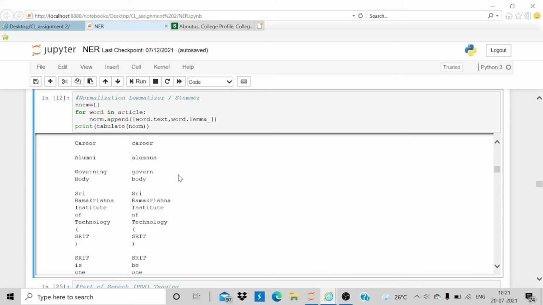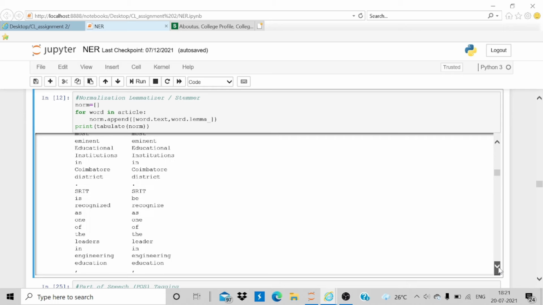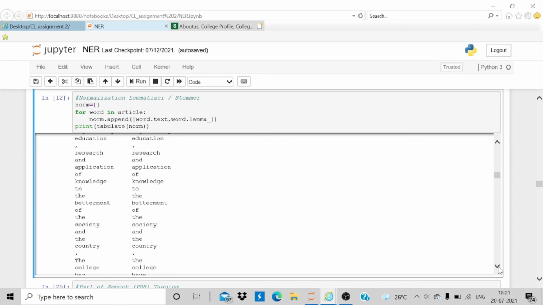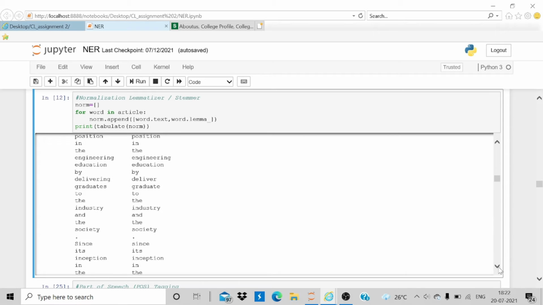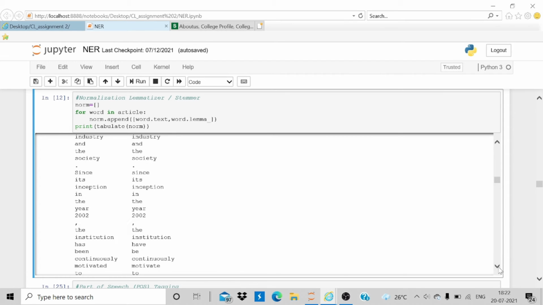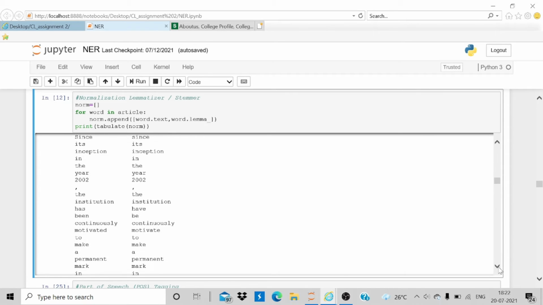Alumni is alumnus. So likewise, it is translating a few words here.